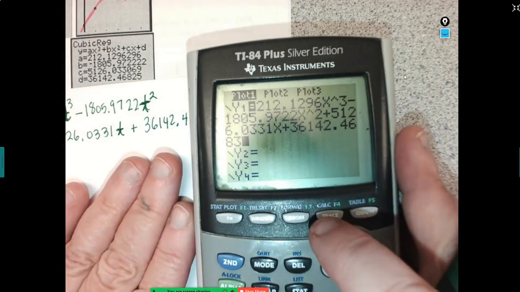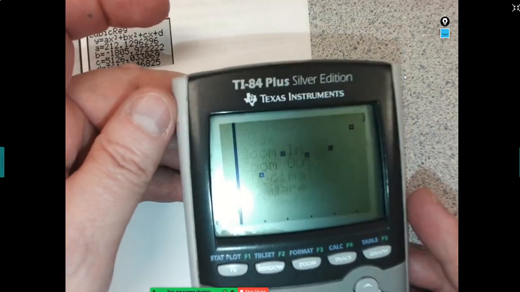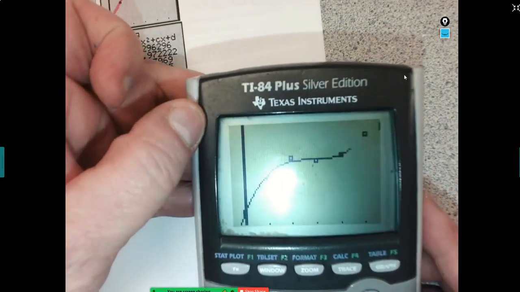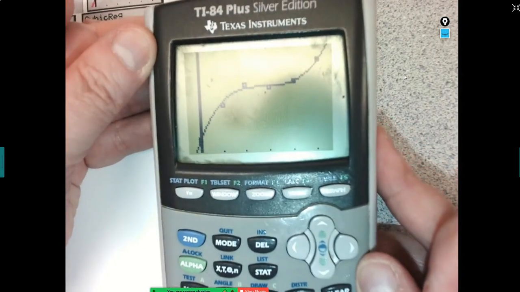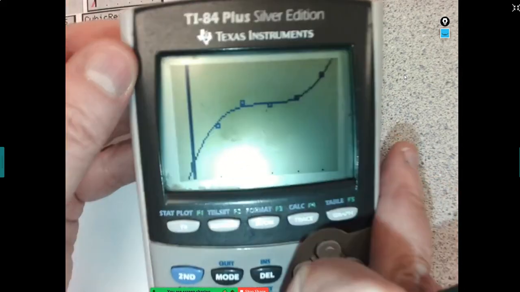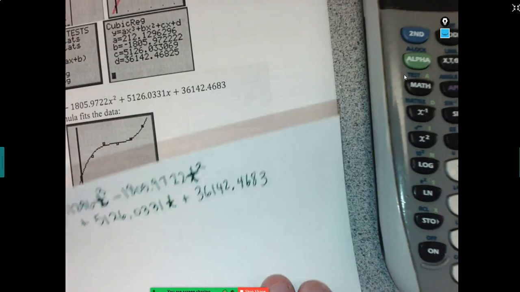Okay, then I'm going to do a zoom 9. And that's my cubic. And we can see how well that is fitting the data. Okay. So I'm satisfied that that's a correct answer.